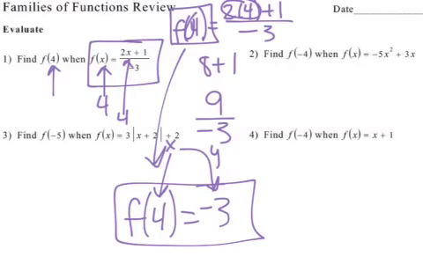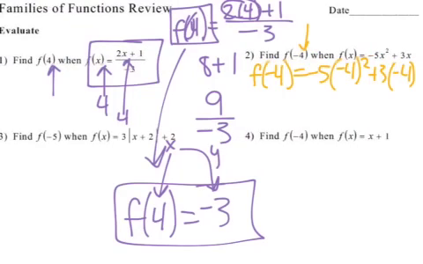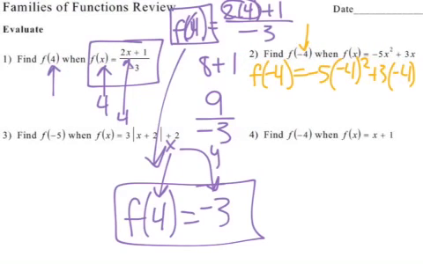Same idea if we do it for number 2, except this time we're putting in negative 4. So I go f of negative 4 equals negative 5, and instead of x, we put negative 4 squared plus 3 times negative 4. So we don't worry about that piece till the end. Negative 4 squared, following order of operations, we always do exponents first.